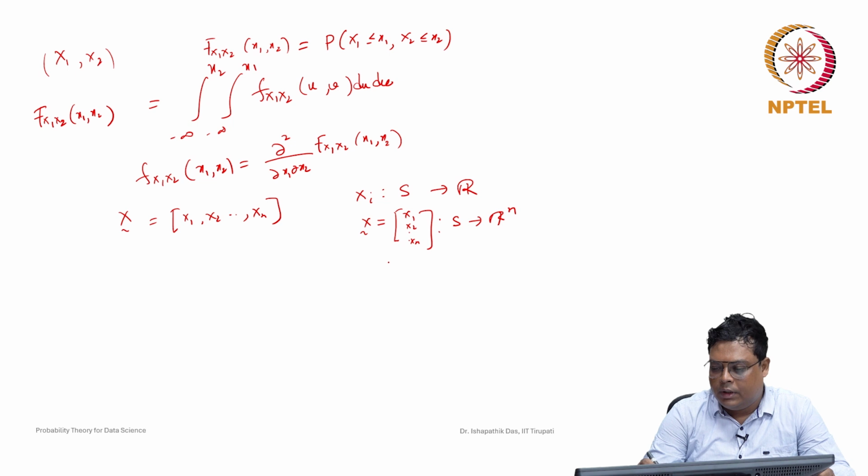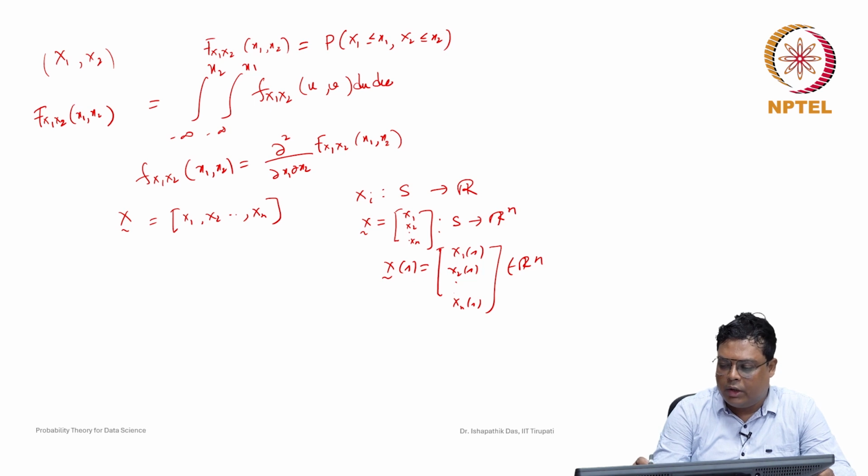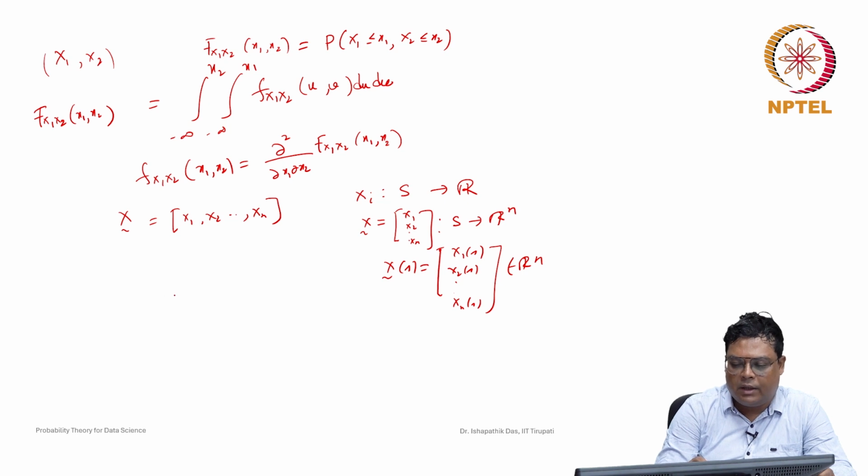X of s is (X1(s), X2(s), up to Xn(s)), which is an element of Rn. Whenever all these random variables are continuous, this random vector is known as a multivariate continuous random variable, and we assume that there is a function.